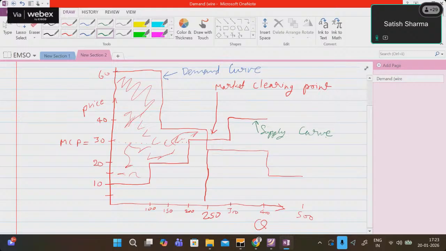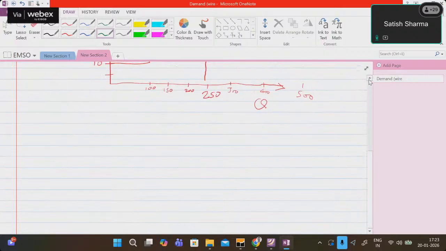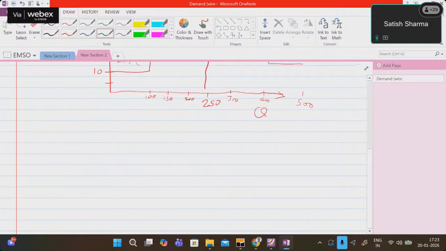So if I want to write it down in mathematical form, how can I do that? It is very simple. It is basically the difference between areas, so we want to maximize. The objective is to maximize the money which we are basically getting, that is, what the utilities are willing to pay. How much is the utility willing to pay? I can say the price 60, and let's say demand 1.